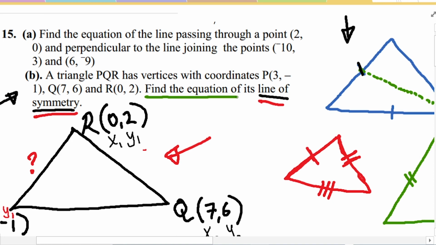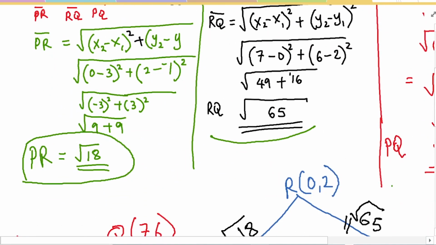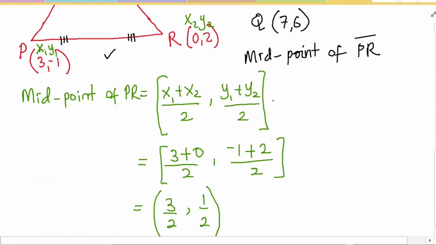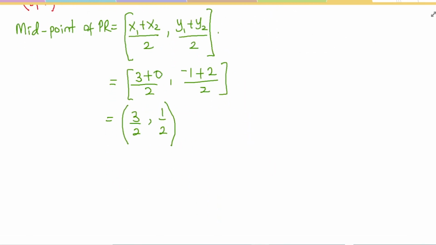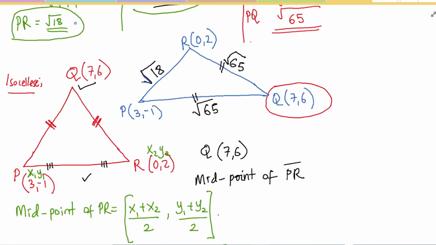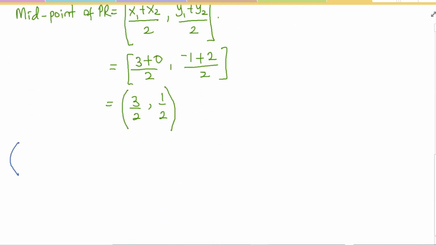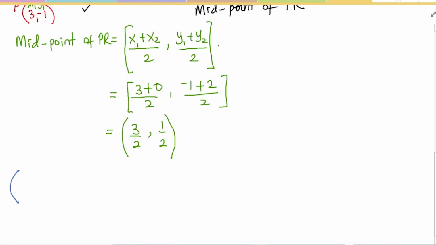We have been able to identify the line of symmetry, and we have established that this line of symmetry is passing through two points. It is passing through the point Q, which is (7, 6), and it is also passing through the midpoint of PR, which is (3 over 2, a half).